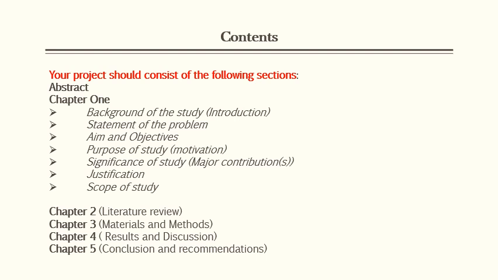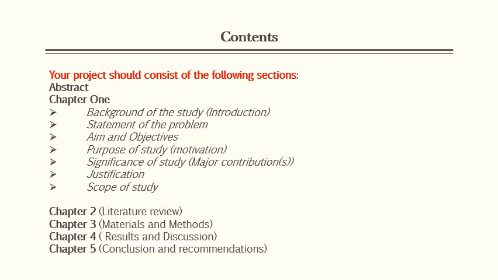So what we're going to discuss, and what your project should consist of, is first of all your abstract. Then you divide your work into various chapters, and because it is your final year project, you are told to divide it into 5 chapters.